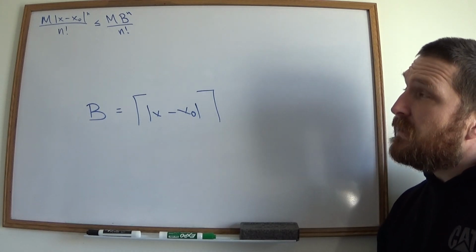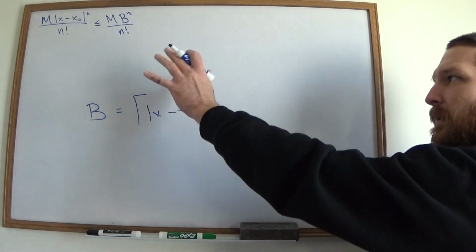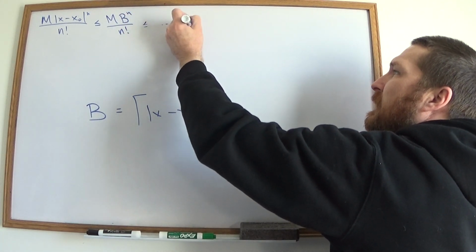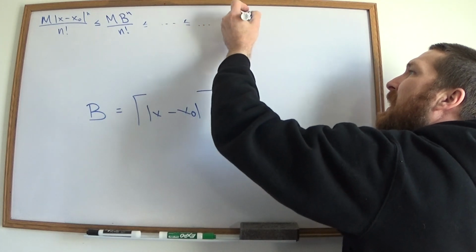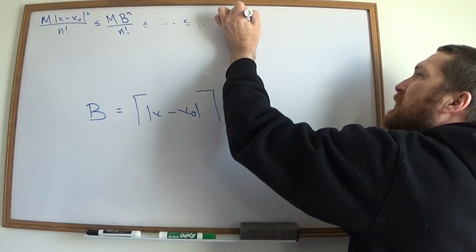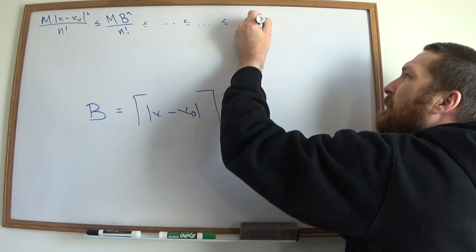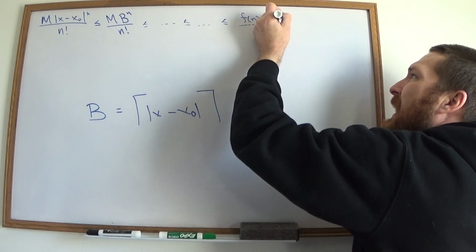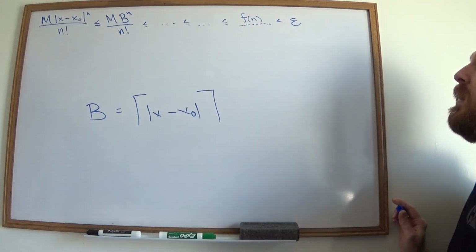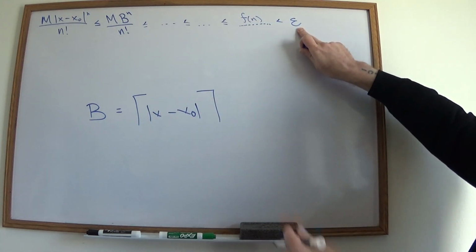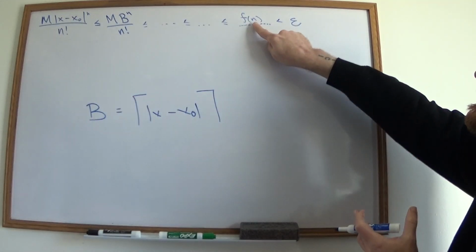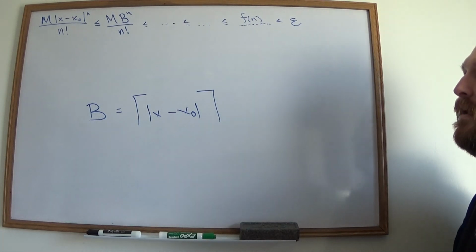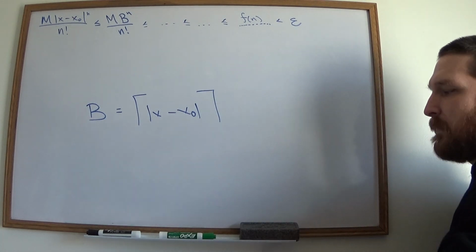Now my idea is I'm going to keep finding a bunch of successive things that this is less than. And then what I want is to find some expression dependent on n that I could make as small as I want. That way you give me any tolerance, like 0.01, and I'll be able to say take n large enough so that this is indeed smaller than that. That's the name of the game here.